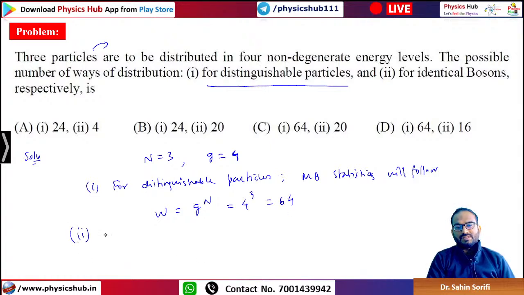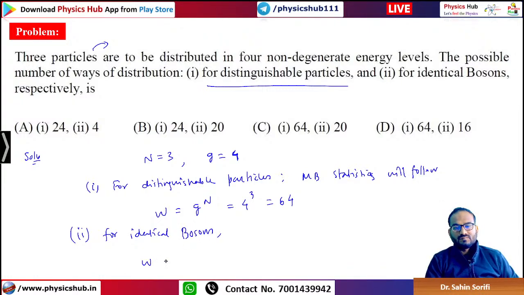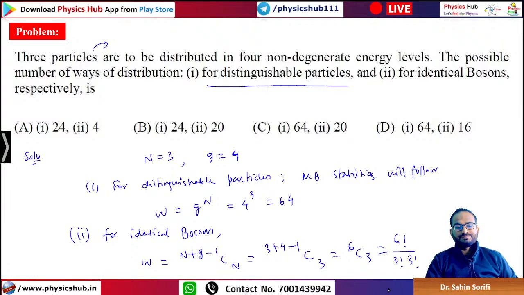Now if you consider the second case for identical bosons. For identical bosons, which formula will be used? W is equal to Ni plus Gi minus 1 C Ni. Here there is one level, so we are replacing Ni by N, Gi by G. So 3 plus 4 minus 1 C3, 6 C3. 6 factorial by 3 factorial, 3 factorial.